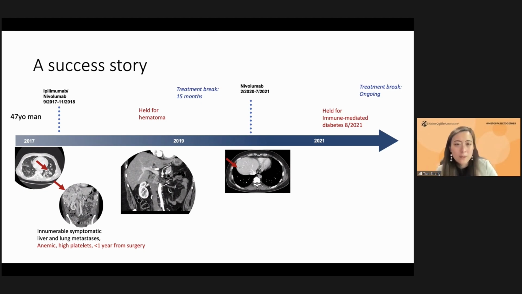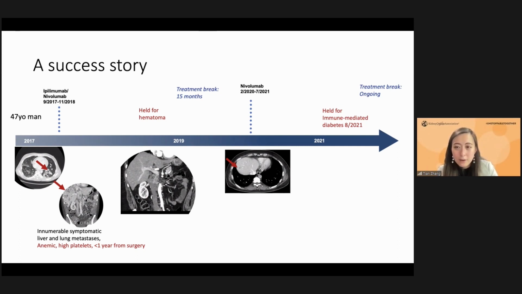So he took a 15-month treatment break. During that time, we continued all the scans to surveil and see if we would catch anything early. In February of 2020, he did develop a new spot on the liver, and so we re-challenged with nivolumab on its own. And he had stability for another year and a half.